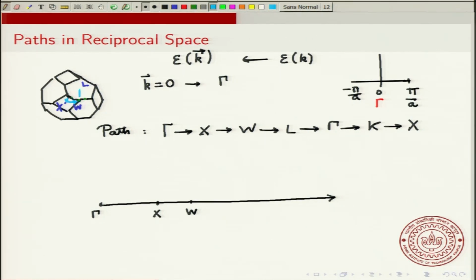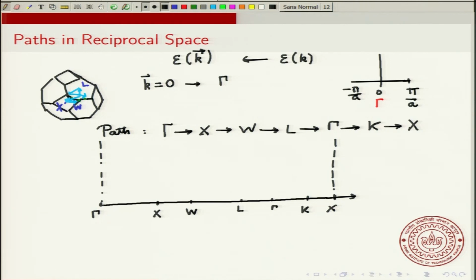So W to L to X, and then to K, and then back to X. Okay, so W to L to gamma, and then to K, and finally to X. So this is the path on which you are going to show the band structure, and the band structure will be shown in this path.